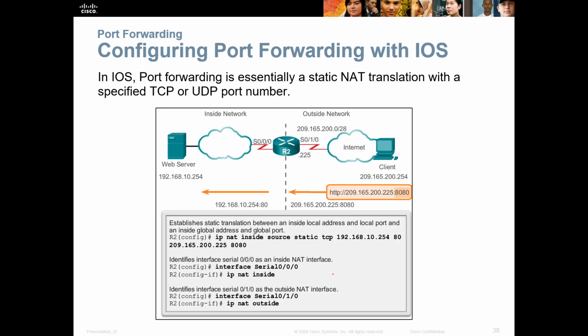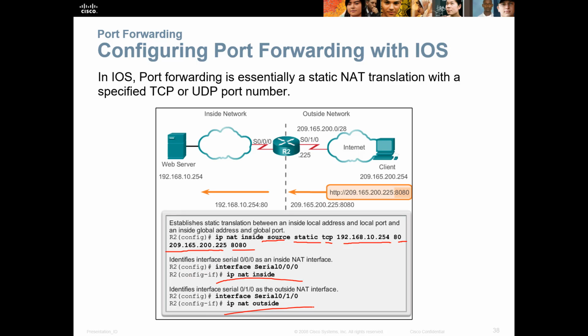If we want to set this up using Cisco IOS, again, pretty similar stuff. We can do ip nat inside source. We're not going to be doing a list. It will set up a static forward: protocol, internal port, external address, external port.